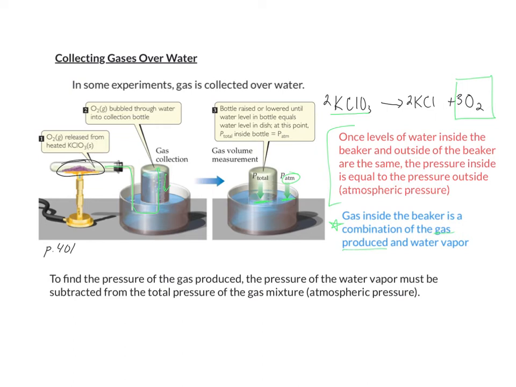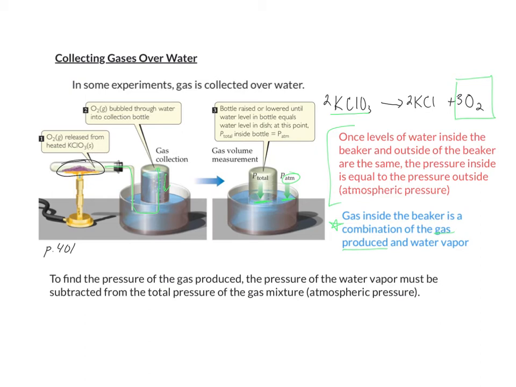One thing to know about standing bodies of water is that above any standing body of water, there is water vapor. So when water is heated to a certain temperature, it will release some water molecules in the form of vapor.